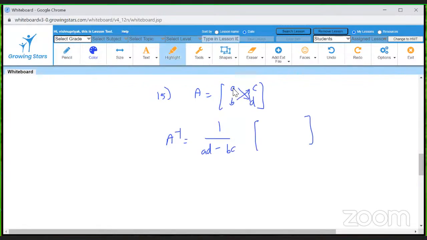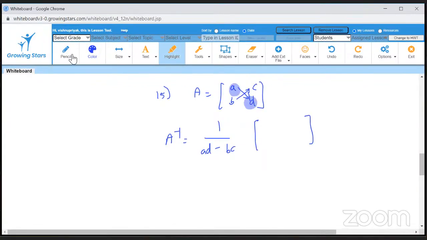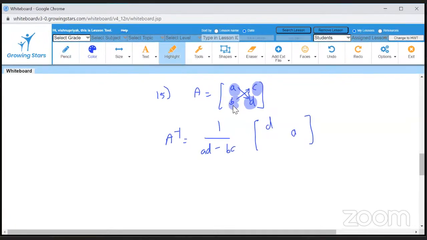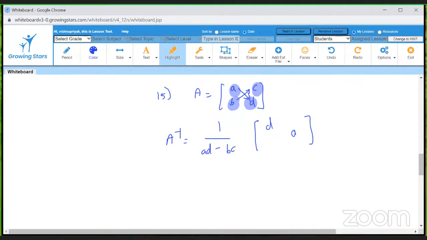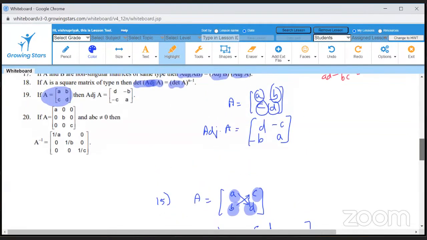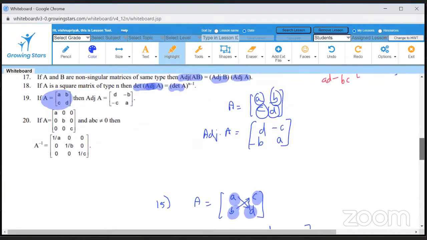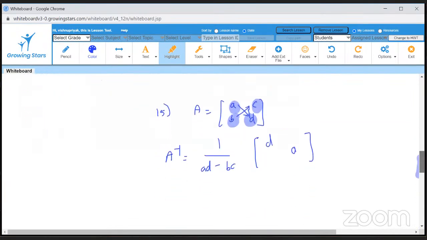You will keep A and D exchange. D will come up, A will go down. And then you will make C and B also exchange. But when they exchange, what will happen? The sign will change. Minus C, minus B, like this. This is how you will find inverse.